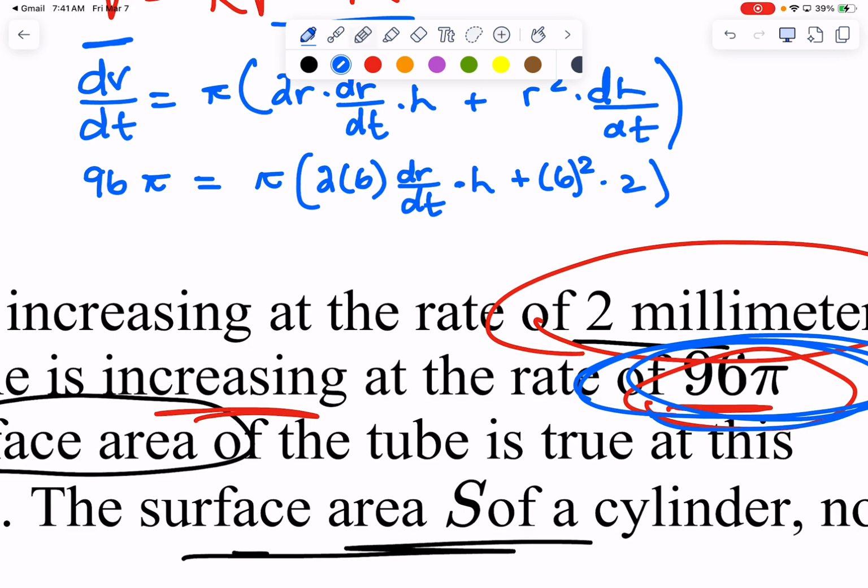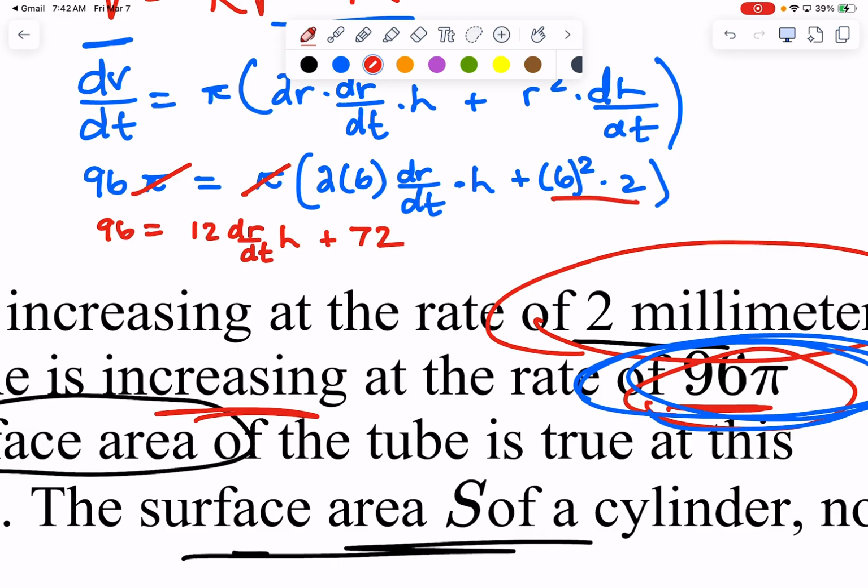First of all, can I get rid of the pi's? The pi's will cancel. So what we'll end up with is this right here. It'll be 96 is equal to, it looks like 12. We don't know dr/dt, so we're going to have 12 dr/dt times h plus, this will be 36 times 2, which is 72.